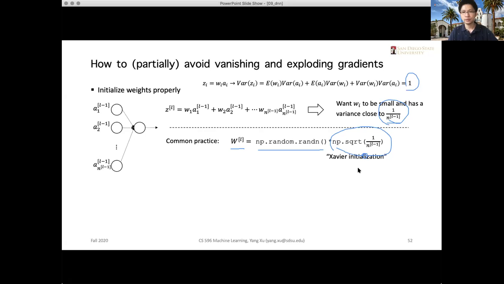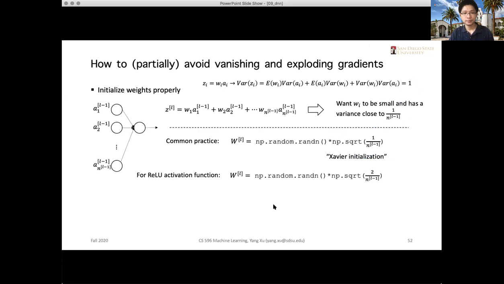Right. So let me clear the drawings. This way of initialization is called Xavier initialization. Okay. The original paper also points out that the approach we adopt partially depends on the activation functions.